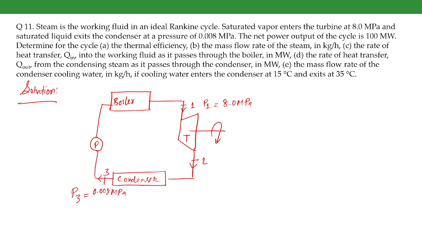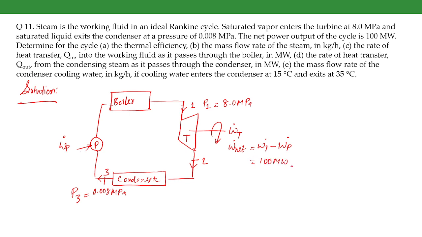There is a net work output, and there is work done in the pump. W net is equal to WT minus WP, and that is given as 100 megawatt.